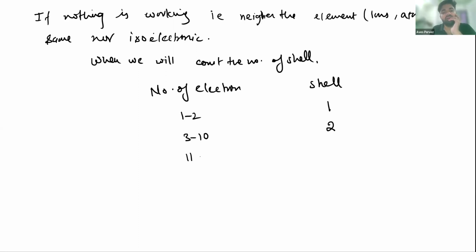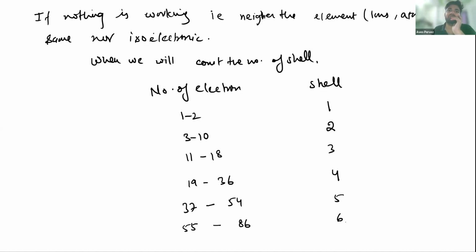Then 11 to 18 comes in the third shell, 19 to 36 in the fourth shell, and 37 to 54 in the fifth shell. And if the atomic number is between 55 to 86, then it is going to have 6 shells. Got it?